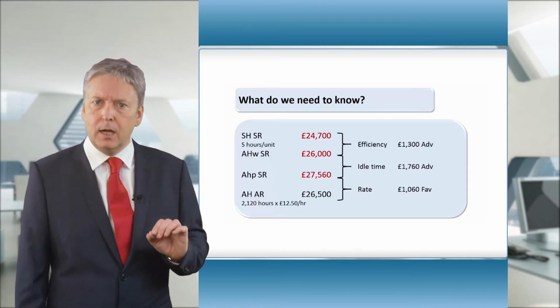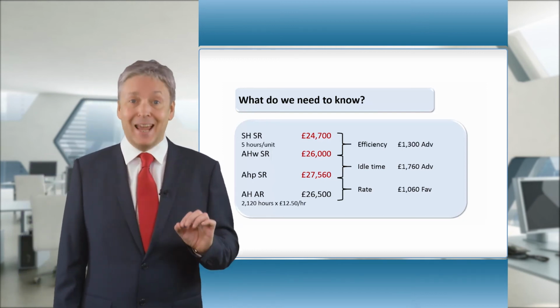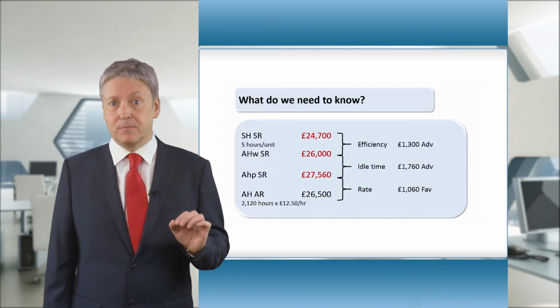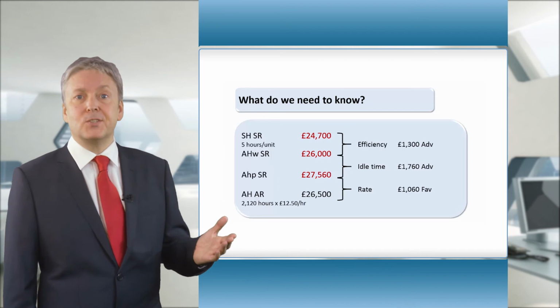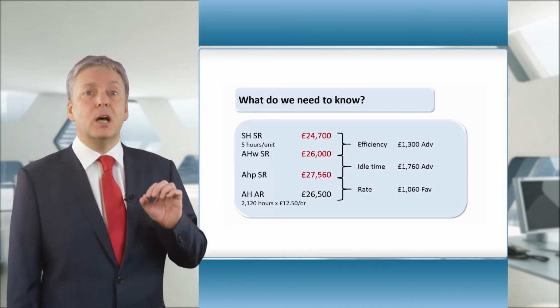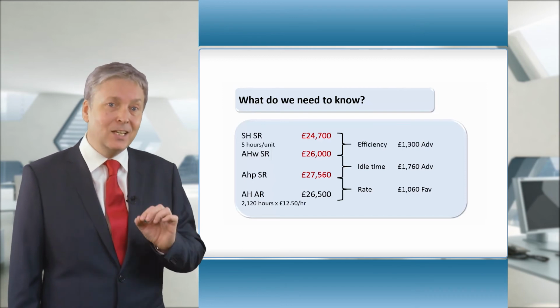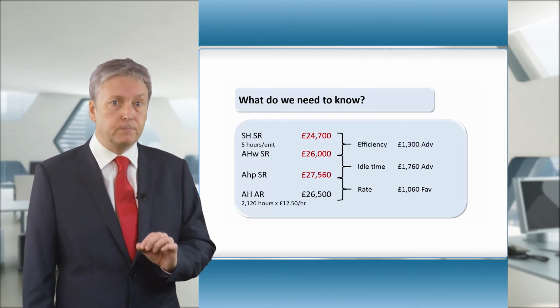But with both the idle time and the efficiency variances, they will be less because they're adverse variances. So we've worked out what we need in total terms. All we have to do now is to hunt down the individual values that were required in the question.